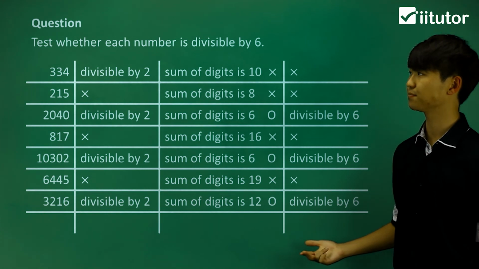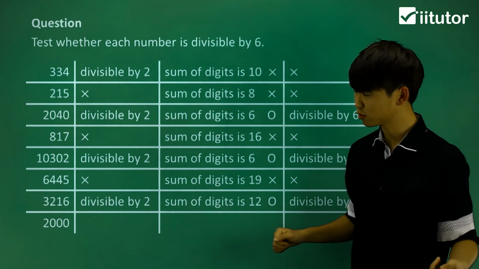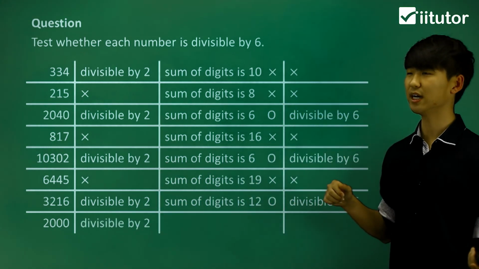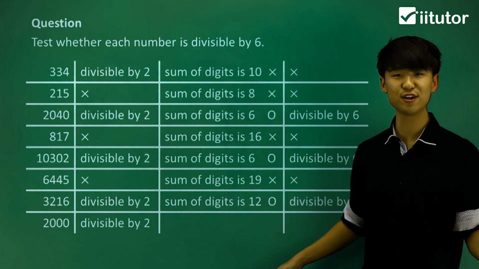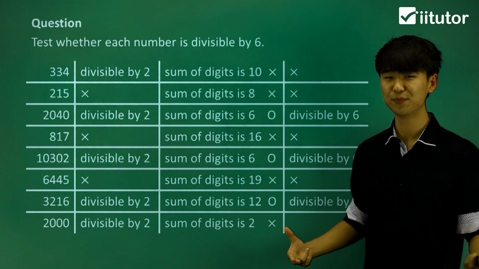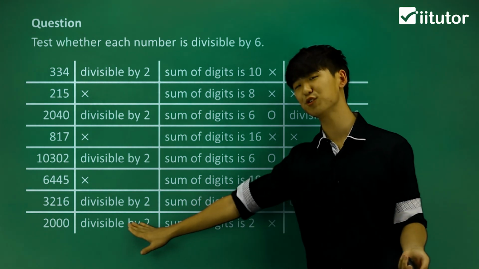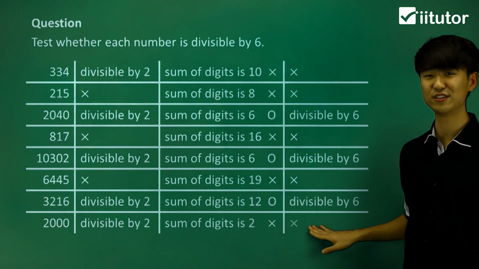And finally, with the number 2,000. 2,000 is an even number, so it's divisible by 2. But if we look at the sum of the digits, 2 plus 0 plus 0 plus 0, the sum of the digits is just 2, which is not divisible by 3. So even though it's divisible by 2, it's not divisible by 3, then 2,000 is not divisible by 6.